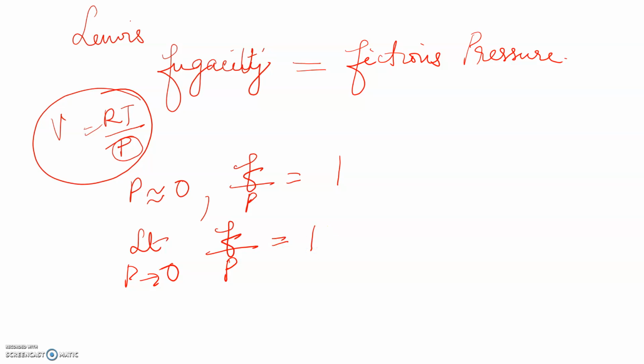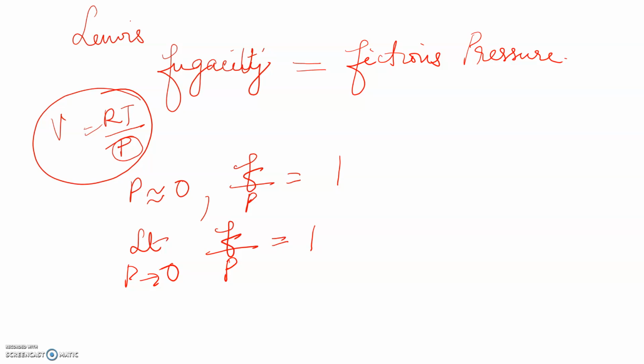Okay, fugacity is equal to pressure at very low pressures, and real gases approach ideal behavior. Okay, so what is fugacity? Fugacity is a function which was derived by the scientist Lewis. Why did he introduce this function? This function was introduced in order to use the equations that were derived for ideal gases in the case of real gases.